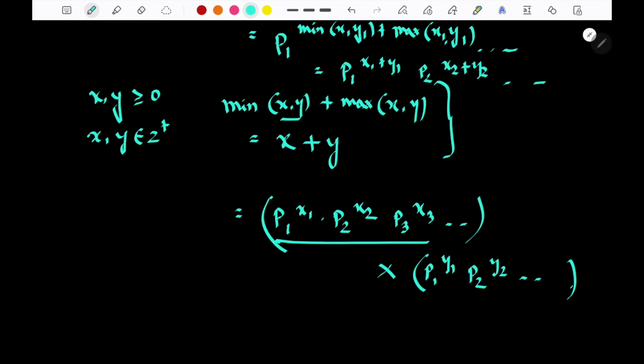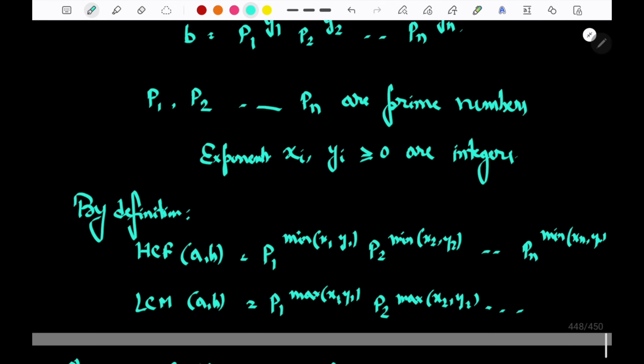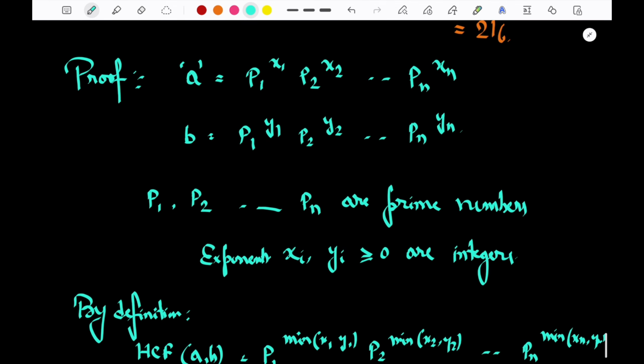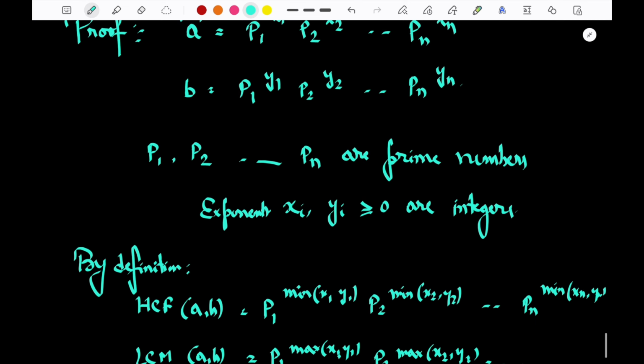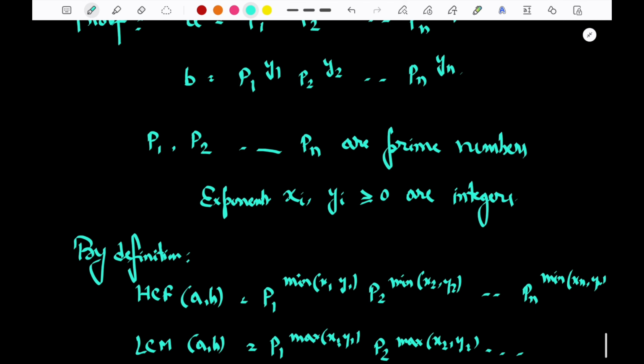So what is basically this? This is a and here it is b, and hence this is proved. Why? Because a was p1 to the power x1, p2 to the power x2 and goes on, and b was p1 to the power y1, and this goes on. Done.